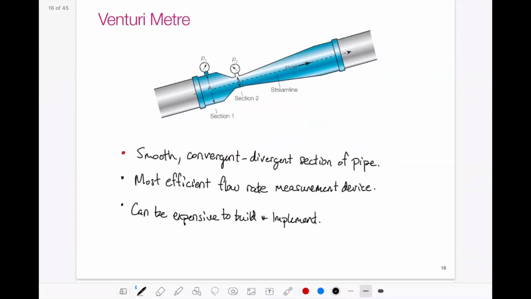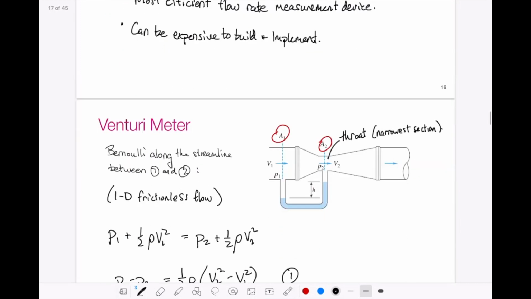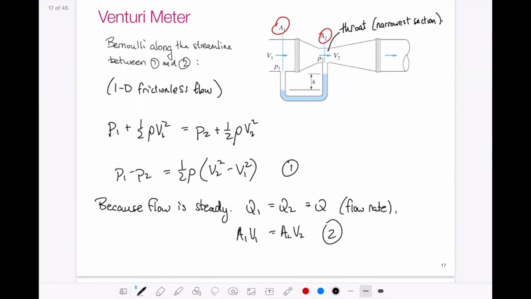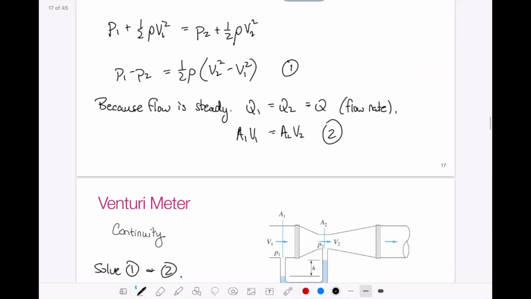Next, we looked at the Venturi meter, which is a section of pipe that is convergent, and then a divergent section. So it narrows down to a throat and then expands back out to the original dimension of the pipe. And if we measure the pressure at various regions, we can calculate the flow and the volume flow rate because it is an enclosed volume.